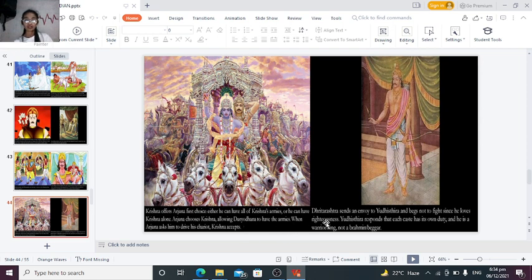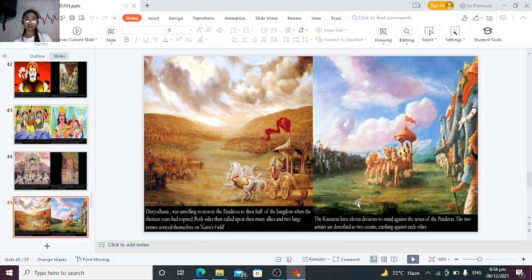So the king Dhritarashtra sends an envoy to Yudhishthira and begs him not to fight since he loves righteousness. Yudhishthira responds that each caste has its own duty and he is a warrior and king, not a Brahmin or a beggar. So, that's it. The war starts.